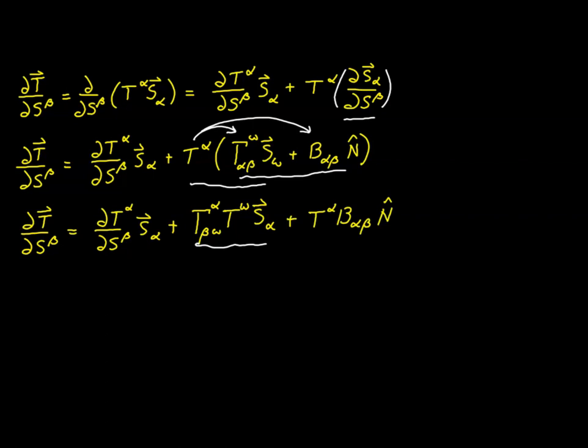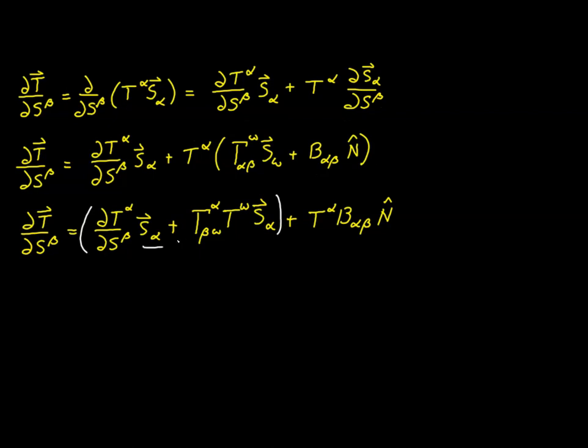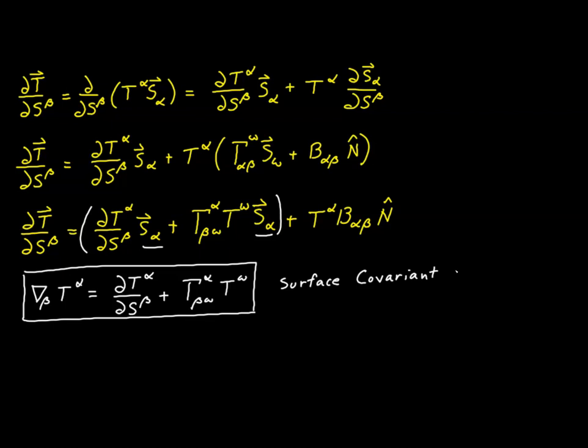So now what we can do is factor out S_alpha here. If I take this out of the expression, then what's left will lead us to the definition of what we call the surface covariant derivative. And with this new definition, we can now rewrite our expression this way.